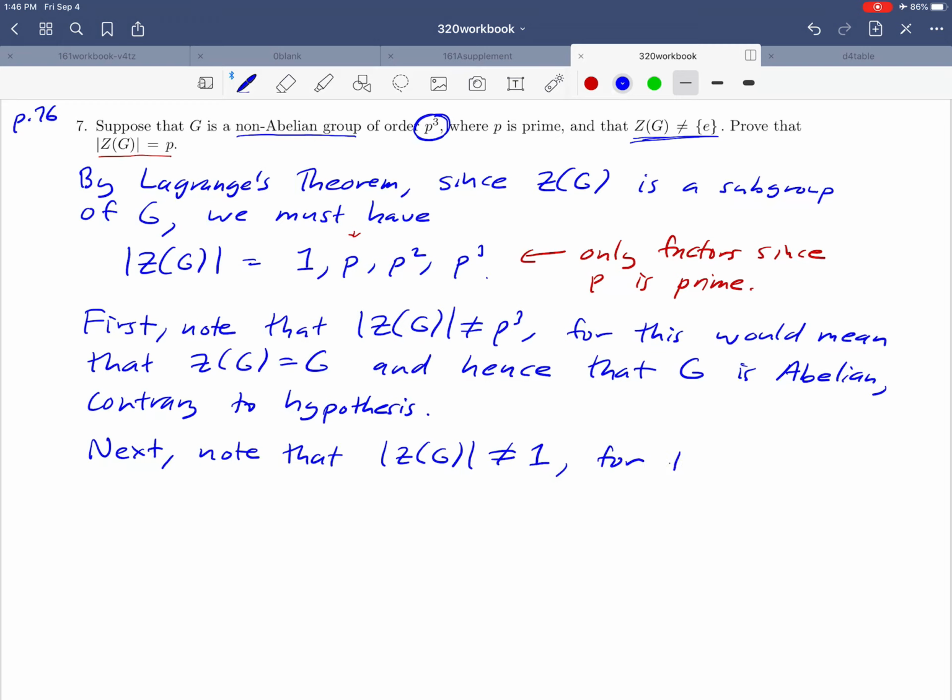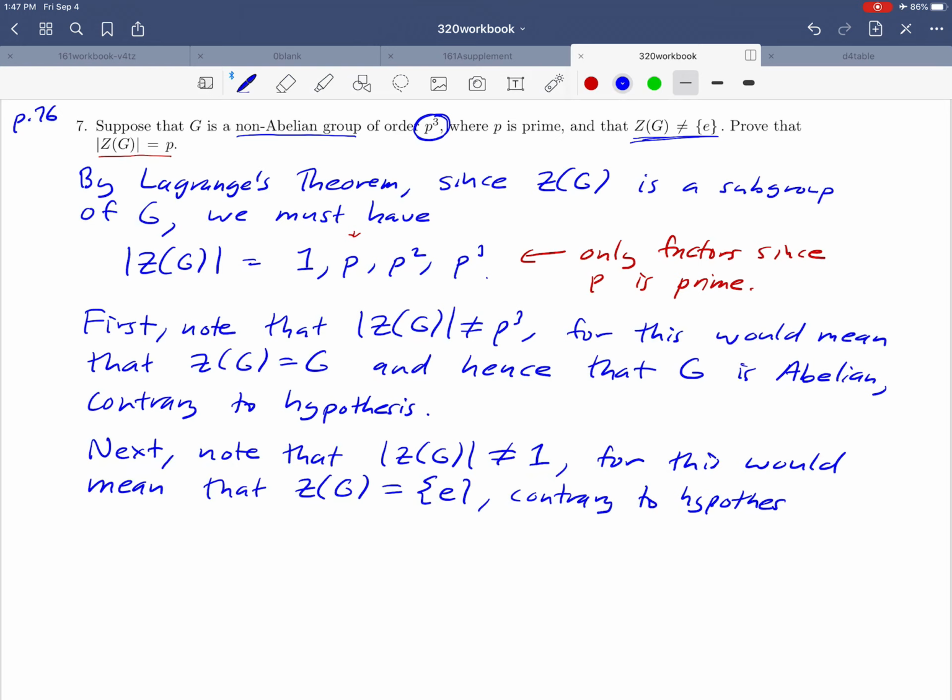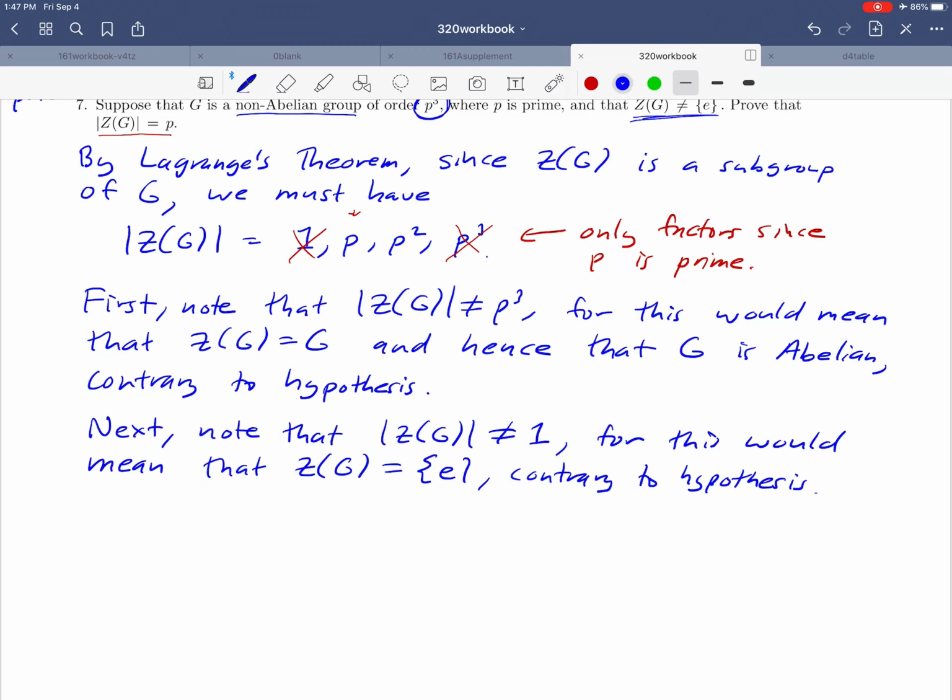Let's complete this thought. This would mean that the center of G is equal to just the identity element, again contrary to hypothesis. So far what we've ruled out are p cubed and 1. It's down to 2. We just need to rule out p squared and we'll have ourselves a proof.